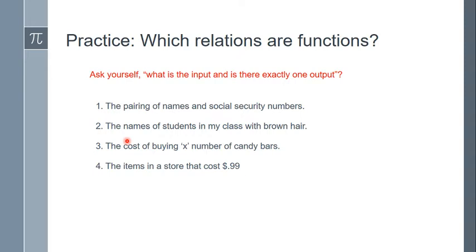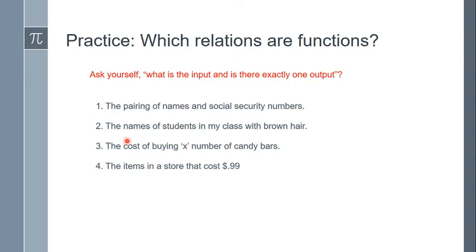So number one here, let's think about this one. The pairing of names and social security numbers. What's our input? What's our output? Well, let's see, what would the machine take in? The way that this question is written implies that the machine would take in a name. So my name, Mark Dilly.